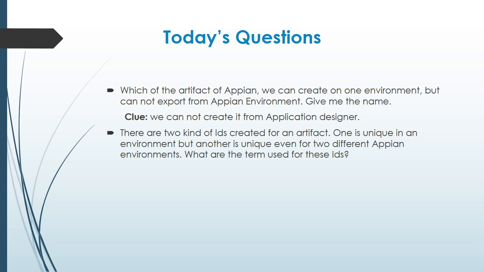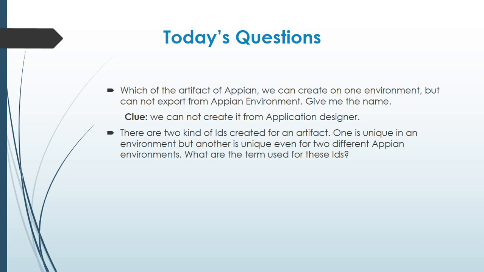So let's move to today's questions. My first question is: which artifact of Appian can we create in one environment but cannot export from the Appian environment? Give me the name. The clue is we cannot create it from application designer.